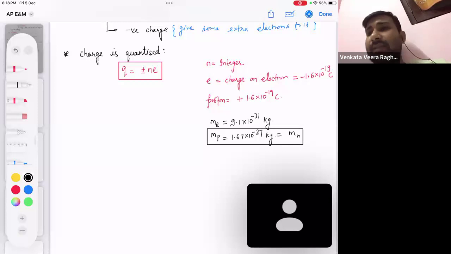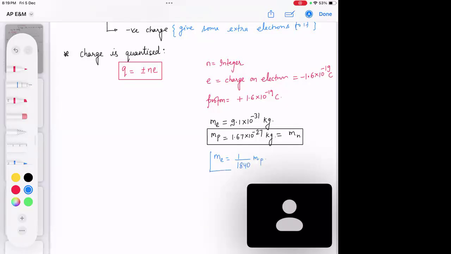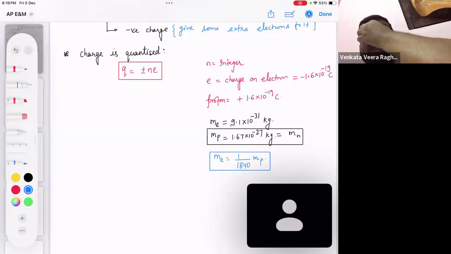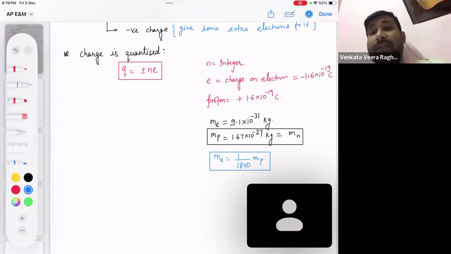So there is a relation between that also. Can we say mass of electron is actually 1 by 1840 times the mass of proton, right? So that's why electron is very light compared to the proton and the neutron.